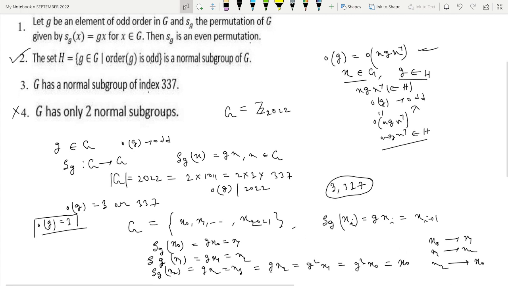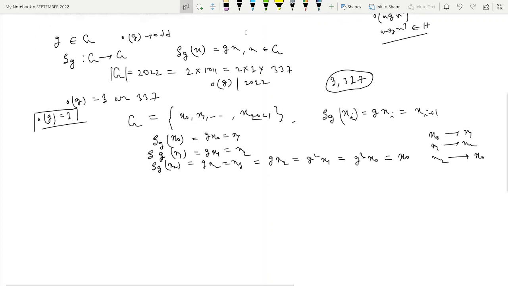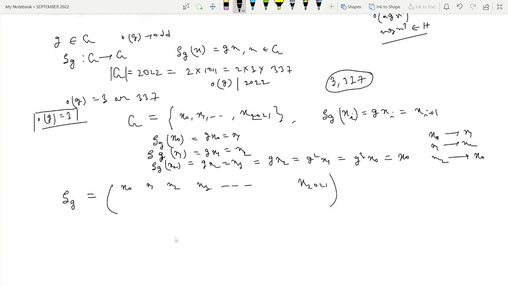So if we write this permutation in cycle form, then we have Sg equal to x0, x1, x2, x3, dot dot, x2021.